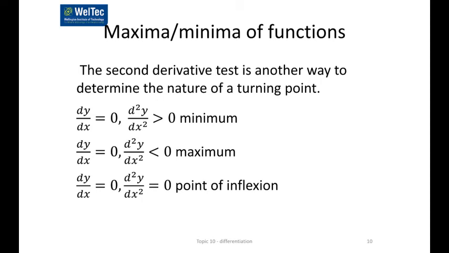If the first derivative is 0 and the second derivative is positive, then we have a minimum point. If the derivative is 0 and the second derivative is negative, then we have a maximum. And if the first derivative is 0 and the second derivative is 0, we have a point of inflection. So now we only have to do one test.